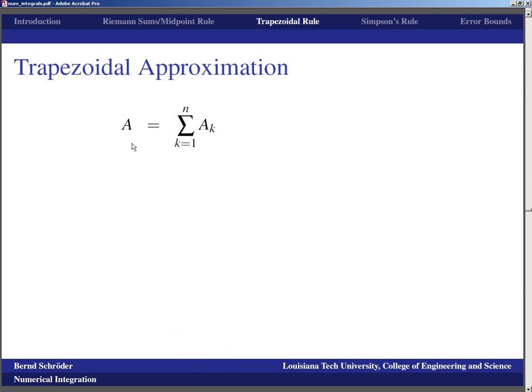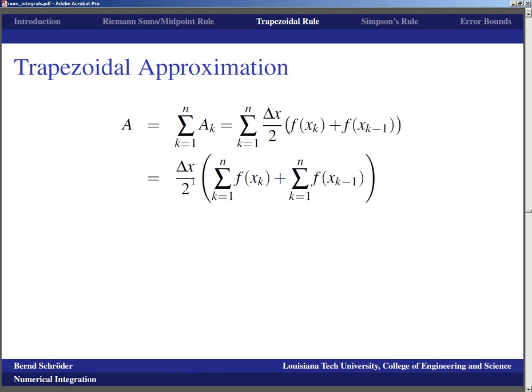And if we now add that up, because we would use n trapezoids, we would have that the total area is the sum of the A_k, which is the sum of delta x over 2 times f(x_k) plus f(x_{k-1}). Well, we can take the delta x over 2 out because it doesn't depend on k, and then we've got a sum of the f(x_k)'s and a sum of the f(x_{k-1})'s. Well, we can change that.